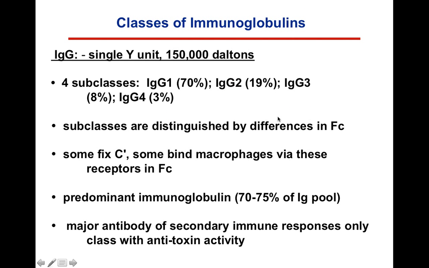Now, let's look at the different classes of antibodies we've already mentioned. The first class we're going to look at are IgGs. These again are the Y-shaped ones, and the crystal structure that I showed you was for an IgG. So they're about 150 kilodaltons in size.